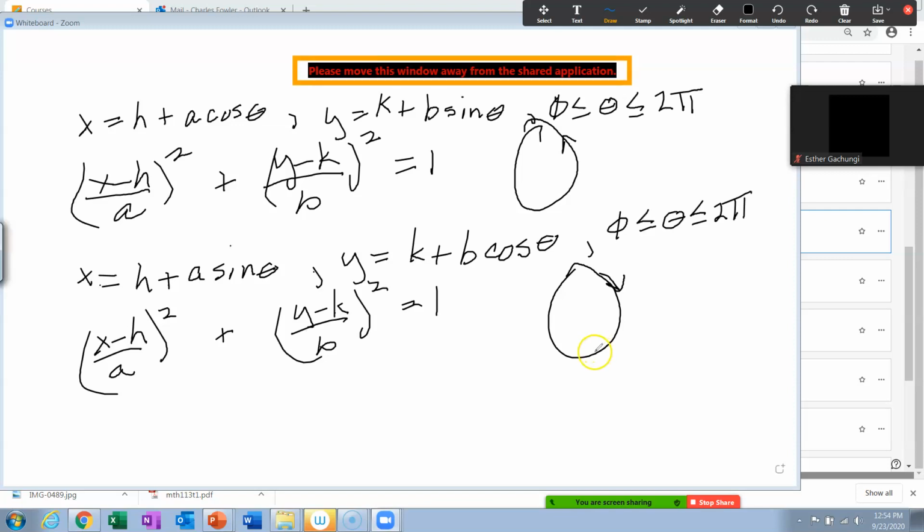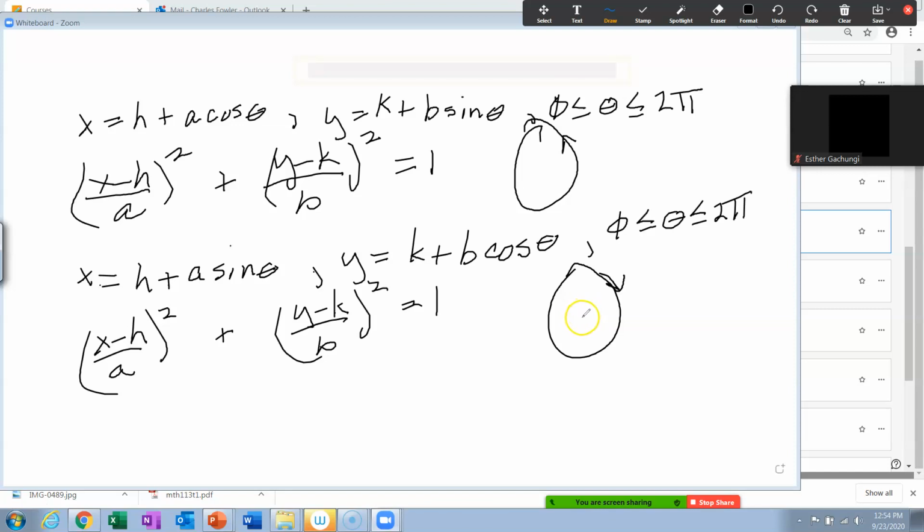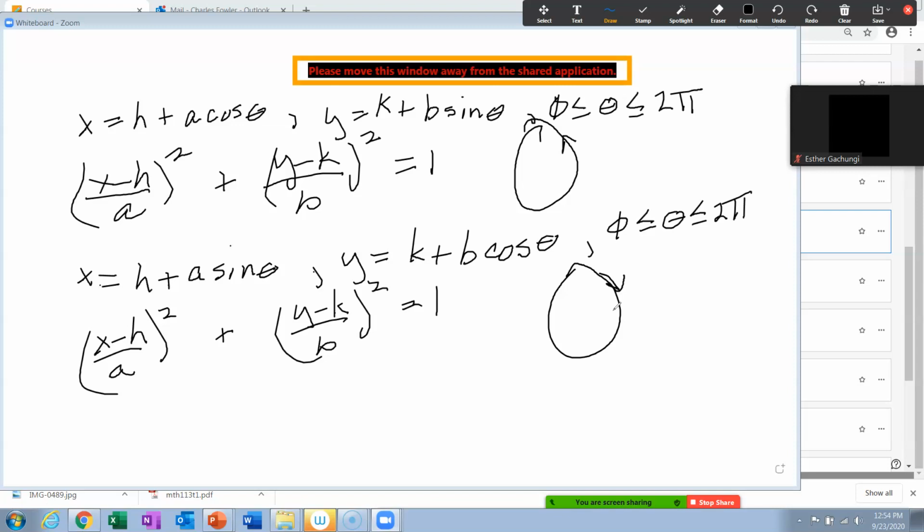So from k here, you would be going up b and down b. And the x's, starting with h, you're going left to right. So a would be how far you are from the center, from h, in that direction. b would be how far you were from the center k in the vertical direction. So that's the only difference.